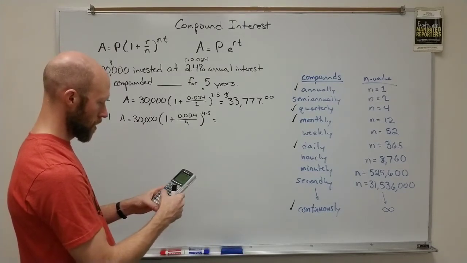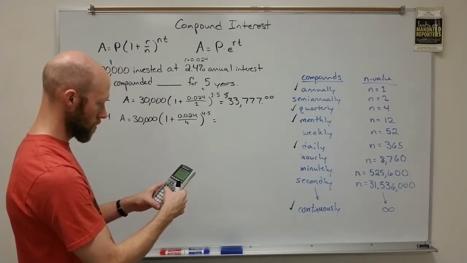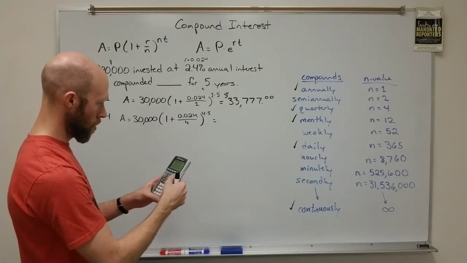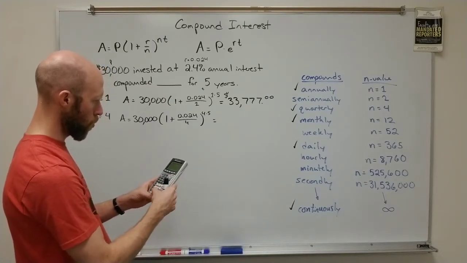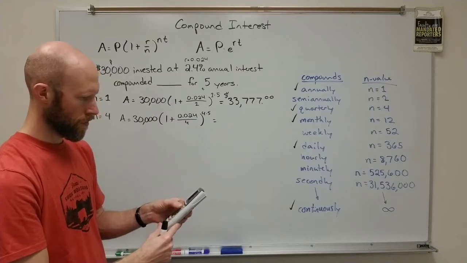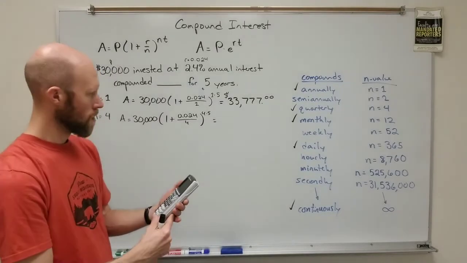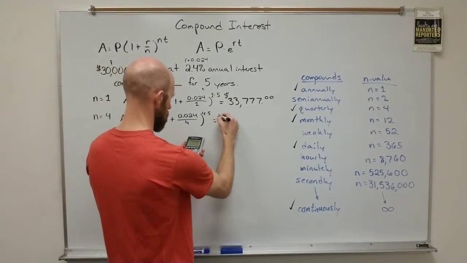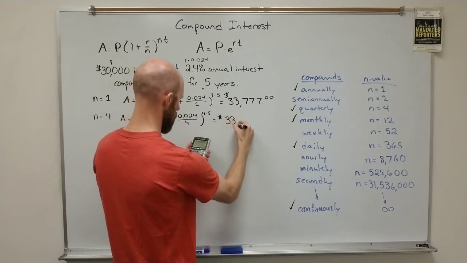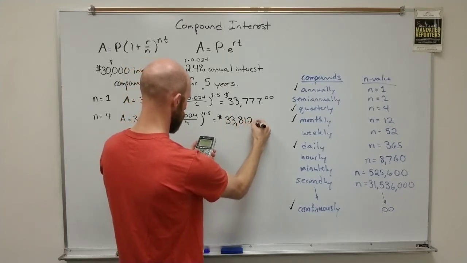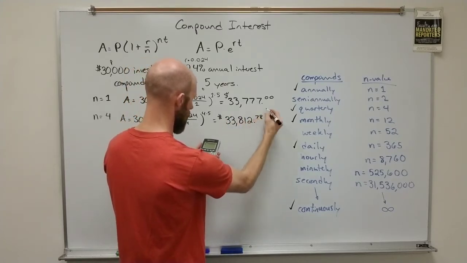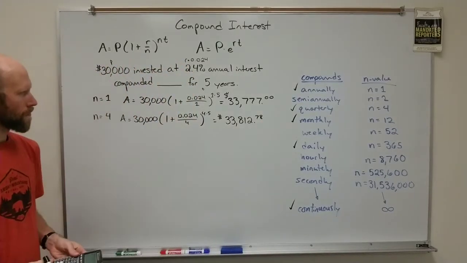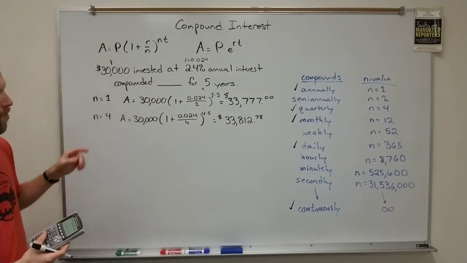So I can just hit insert, divide by 4, and I'll put 20 up there in the exponent. And I'm going to get $33,812.78.